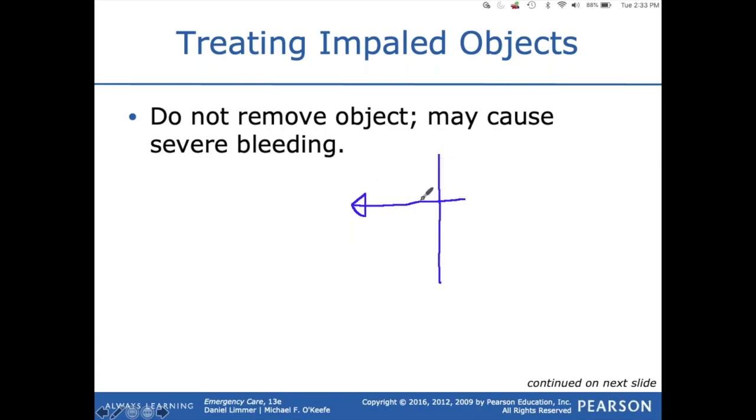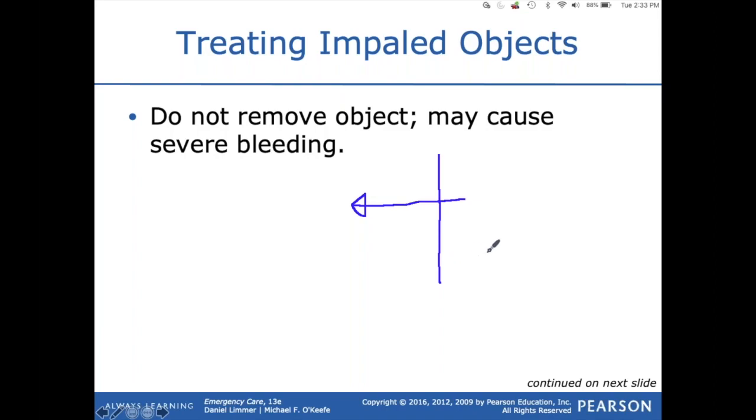The arrow goes in, and as it slices its way, arrows are still spinning and rotating. So when it comes to a stop, it is not going to line up to come back out through that nice little cut it made. If you pulled on this, you're going to cause a lot more damage as it comes out. And people say, well, it was a regular tip. Okay, maybe it was, maybe it wasn't.